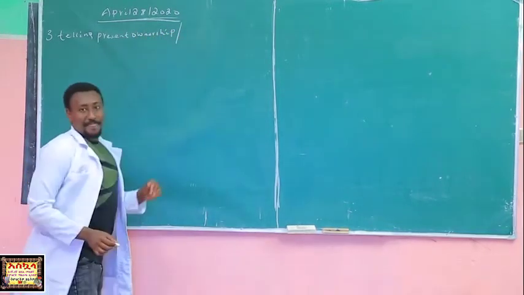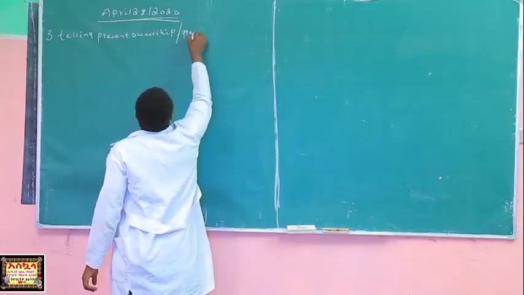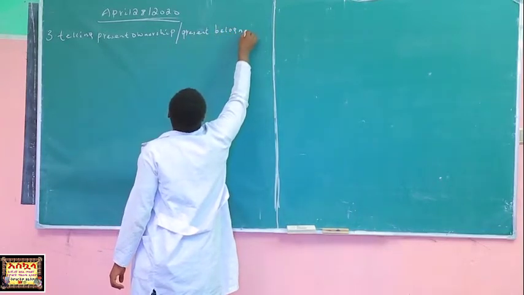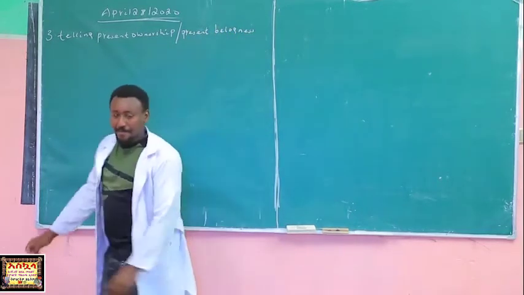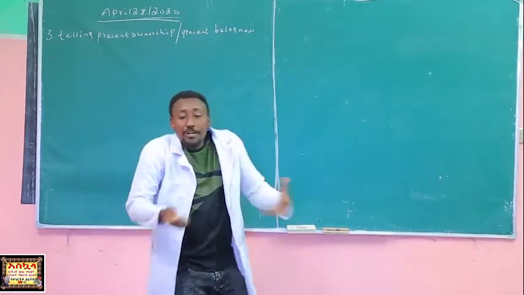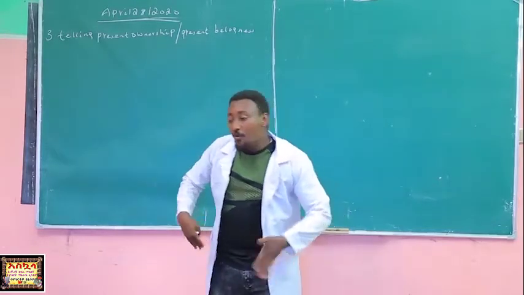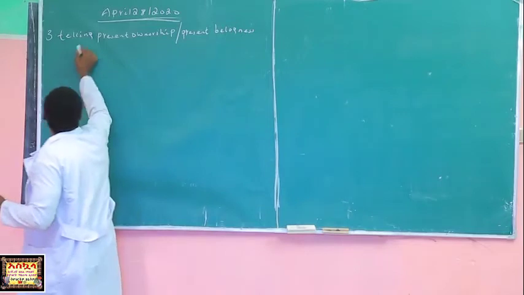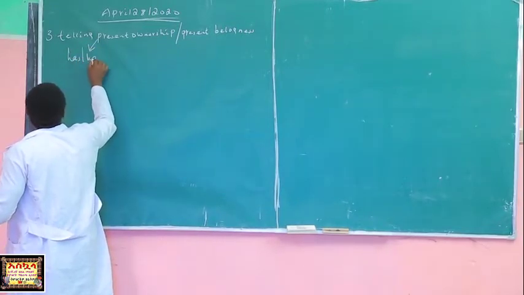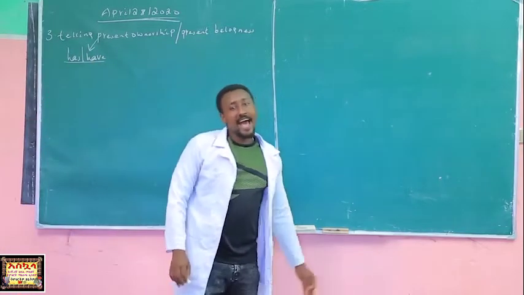And telling what? Belongingness. Present belongingness. Yes. Present ownership means we talk about what we own, and the words we use are has and have. Has and have.